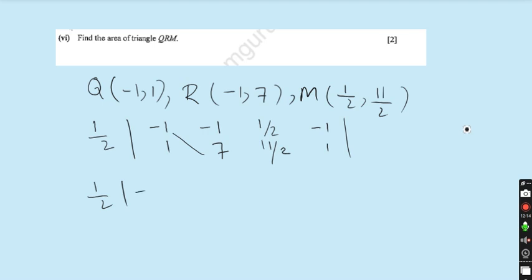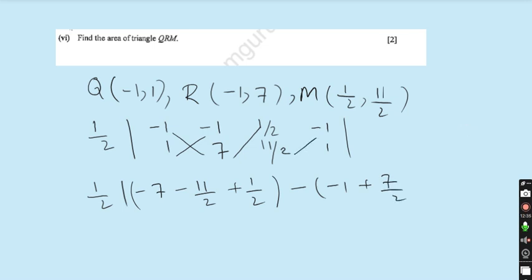Minus 1 into 7 minus 7, minus 1 into 11 upon 2 minus 11 upon 2. 1 upon 2 into 1 is 1 upon 2, bracket, minus 1 into minus 1 is minus 1, 7 into 1 upon 2 is 7 upon 2, 11 upon 2 into minus 1 is minus 11 upon 2, 1 upon 2.